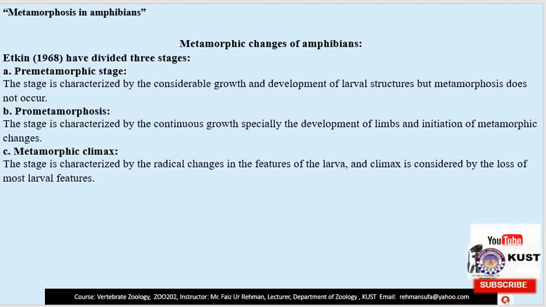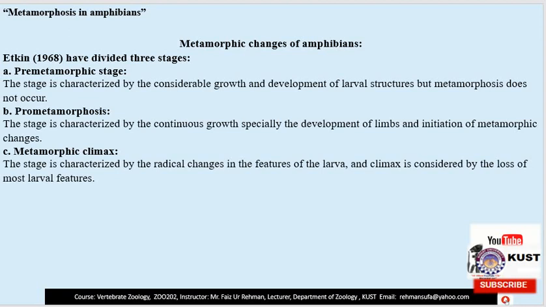Third, metamorphic climax. This stage is characterized by radical changes in the features of the larva, and the climax is marked by the loss of most larval features. The larval features that are present, including gills, herbivorous nature, absence of nictitating membranes, excretion of ammonia and thin skin, are totally replaced.